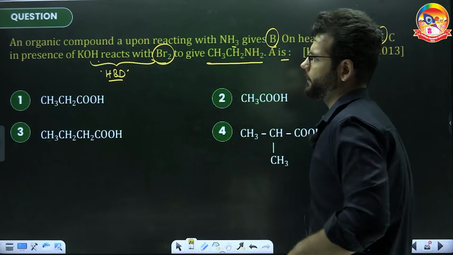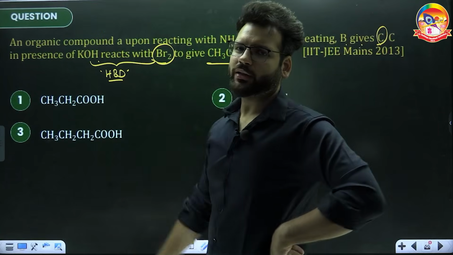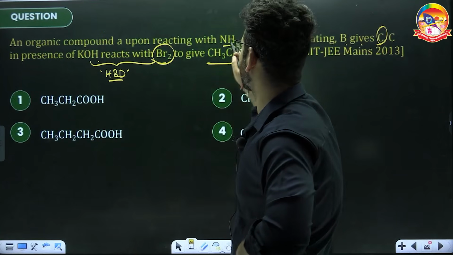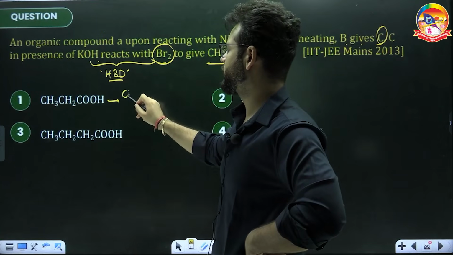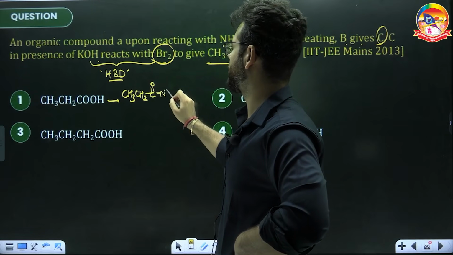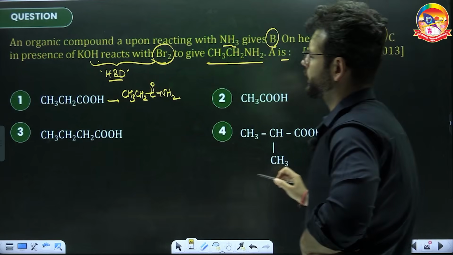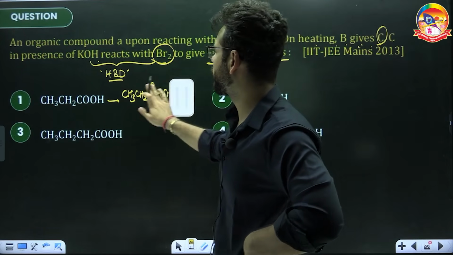So what is A? Another good question. Let us see. If A was this, for example, would it react with ammonia? Yes, it will give you amide, CH3CH2CONH2. On heating, B gives C. Actually, without heating, you will not directly get an amide.